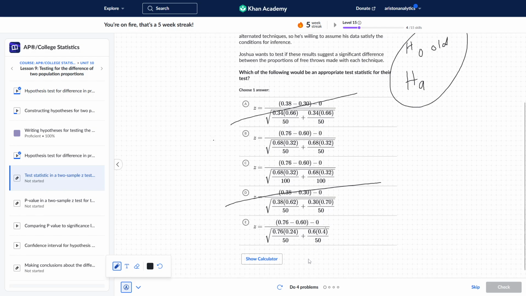Let's see how they are different. Okay, different sample size and a different numerator.